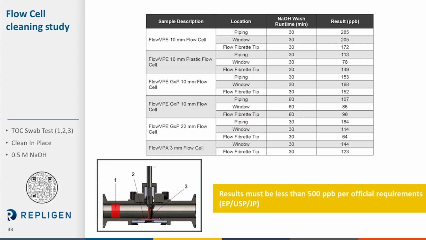In every case, the result of the TOC testing was below 500 parts per billion, so we felt very comfortable that this flow cell design is cleanable. Now, you would have to do your own cleaning process and your own cleaning validation, but you can feel pretty confident that your standard cleaning processes should be adequate for these flow cells.